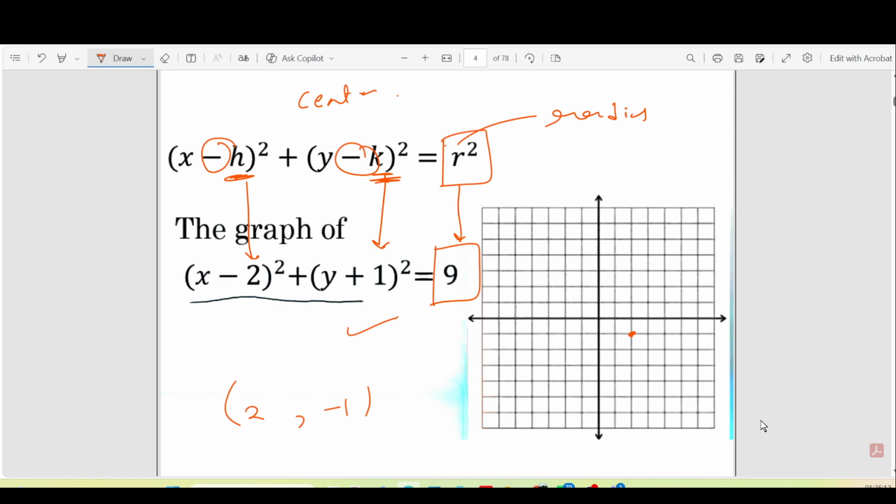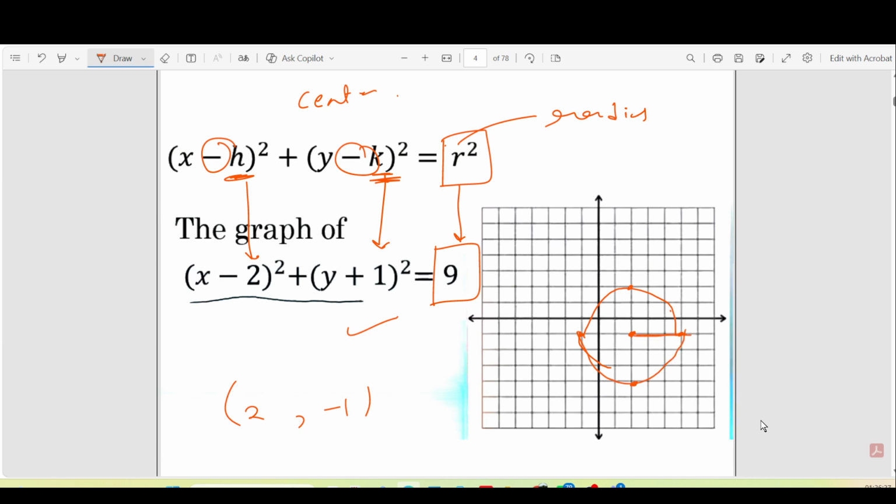So if this is the center, I will just go 3 to the right of the center. So 1, 2, 3, which is this, up 3, this, then left 3, this, and then 3 squares down. So if I join these, I'll get my circle, like this.